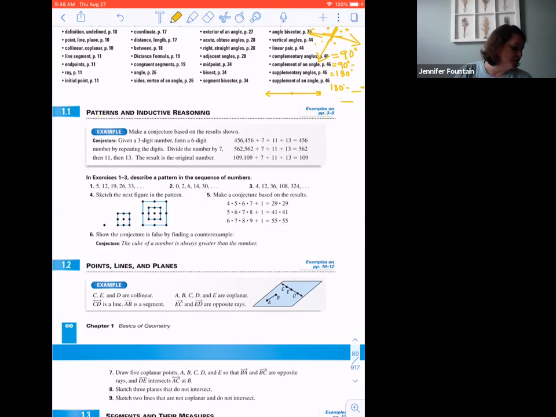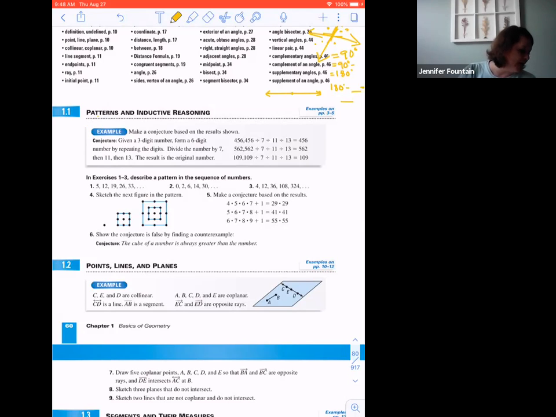Number 2, I go from 0 to 2, 6, 14, 30. This one looks a little more confusing. So if you look at it, thinking about how to get from 0 to 2, well, I know that I can add 2. But when I go from 2 to 6, I'm not adding 2. And so I've got to think about what am I doing in this one?